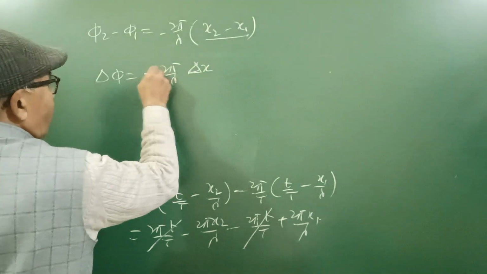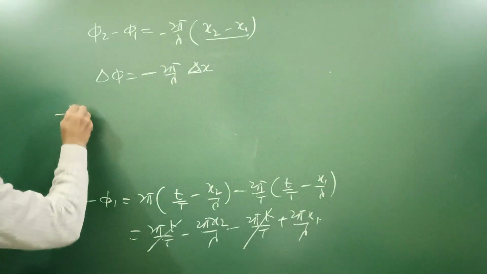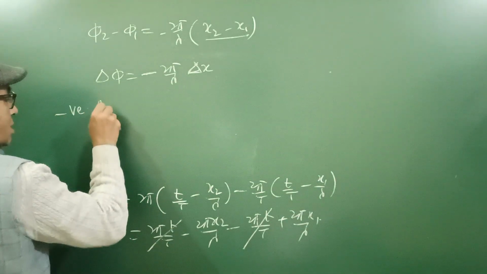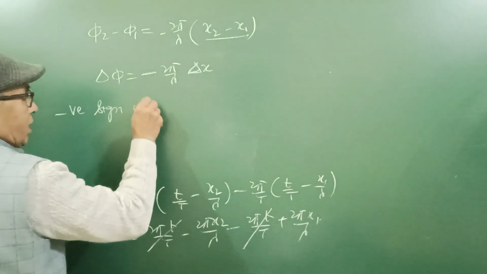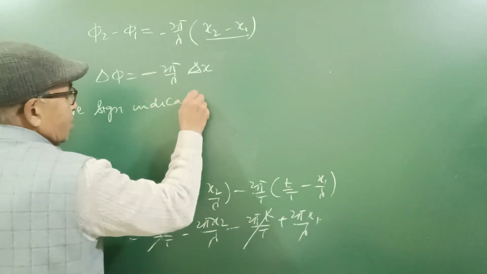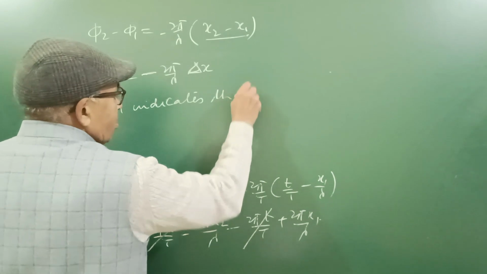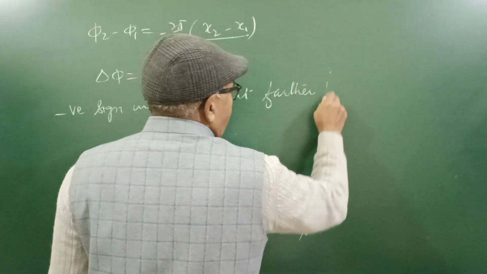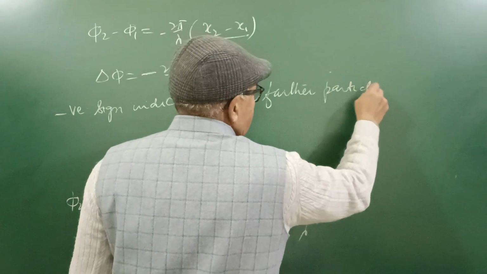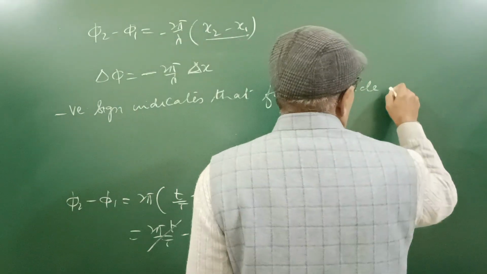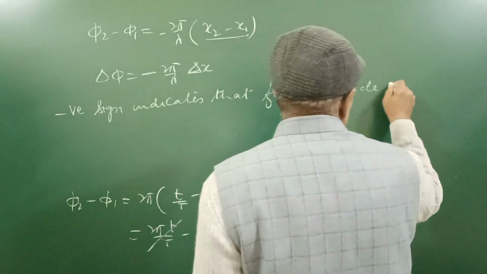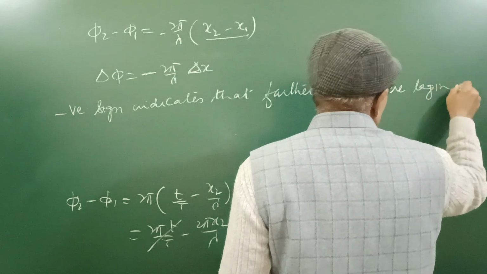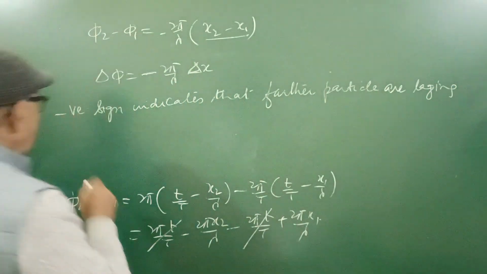What is the meaning of the minus sign here? The negative sign indicates that farther particles are lagging behind in phase.